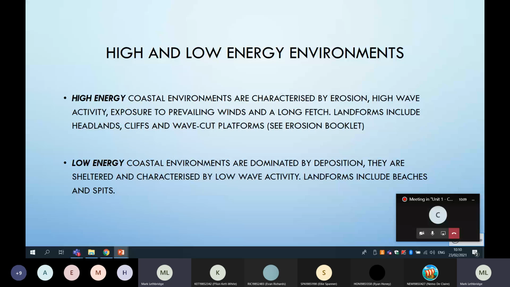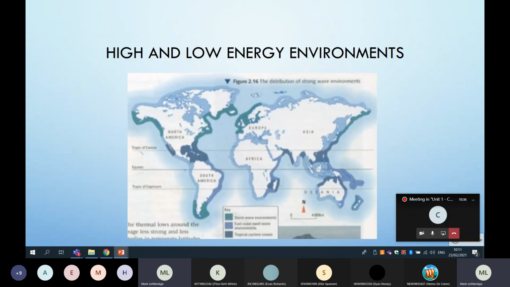They can be regional, and they also can be global at the same time. And it's something that we start to look into a lot, especially as we go further into the course and into next year, the idea of geography at these different scales, the global, the regional, and the local scales of things. So globally, we do get the idea of these kind of areas of higher and lower energy.